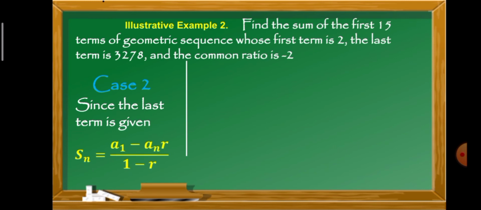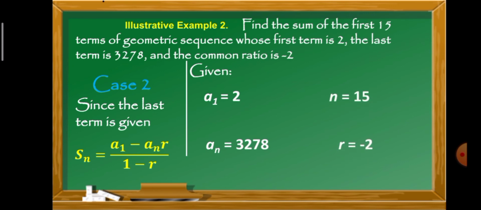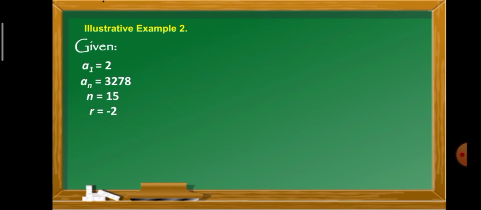So S sub n is equal to a sub 1 minus a sub n times r all over 1 minus r. So, ano nga ba ang mga given? So, we have a sub 1 is equal to 2. A sub n is equal to 3,278. Ang n natin ay 15. At ang r natin is equal to negative 2.